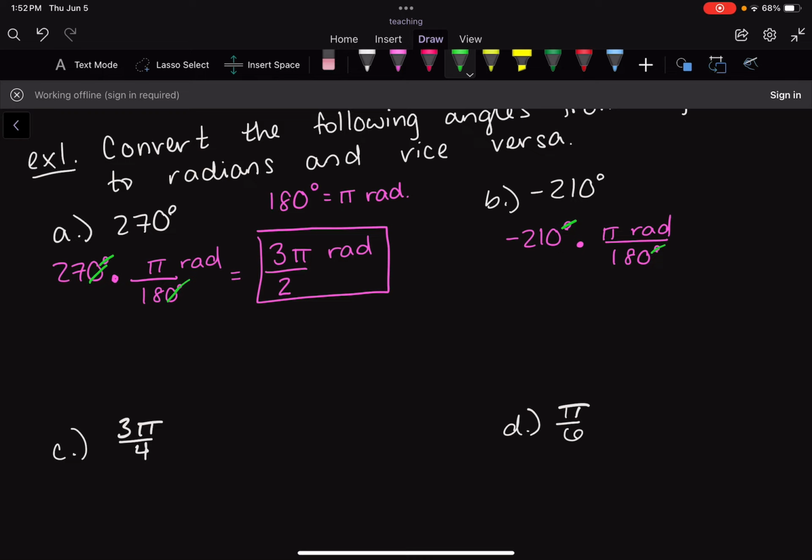The degrees cancel, the zeros cancel. 21 and 18 are both divisible by the same number. 21 and 18 can both divide by 3. So I'd be left with negative 7 pi over 3. Oh, my goodness, my brain is so scattered today. 18 divided by 3 is 6. I meant to divide by 3, but then I wrote 3. I apologize for that.